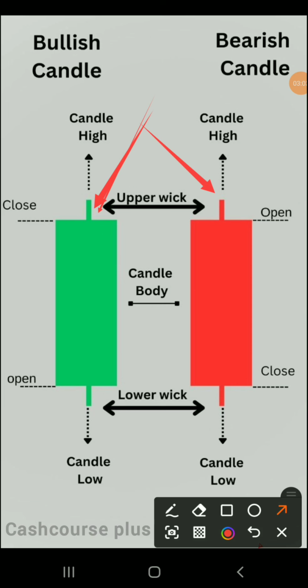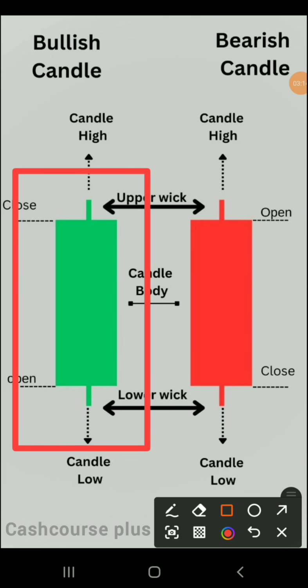Let me give you a quick example. If, for instance, this green candle is a 4-hour candlestick, and it's giving us the green color, what this means is this: take for instance that this is a chart of BTC USDT, and BTC is trading at $100,000, and then the new candle that is forming is showing green.